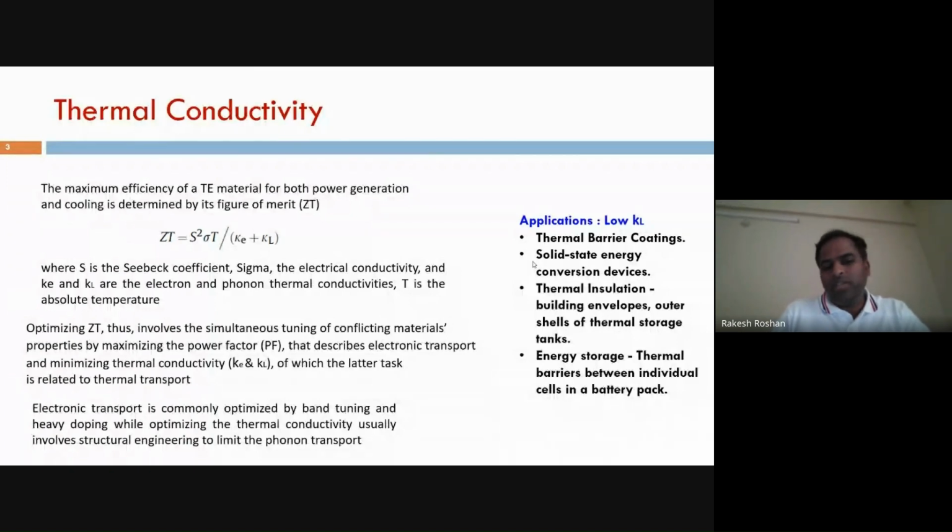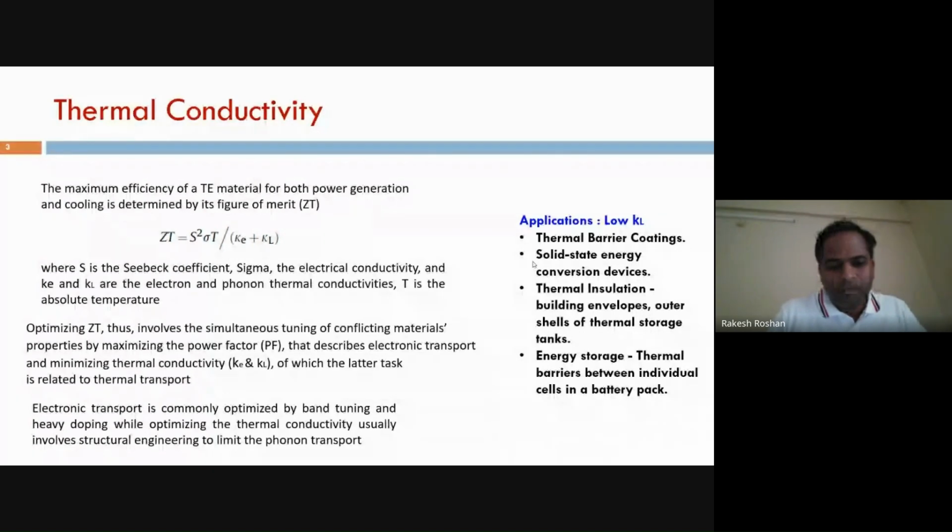In the denominator, we have Ke, which is the electron thermal conductivity, and KL, which is the lattice thermal conductivity. So the idea is to optimize, or maximize, ZT. In order to do that, we can lower KL. You can see that it is in the denominator, so if you lower KL, indirectly you are increasing the ZT value.